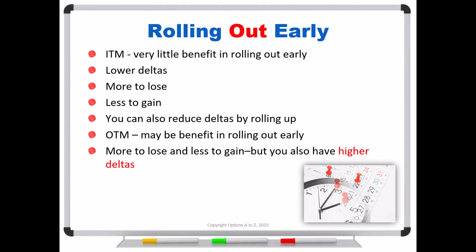Of course, that means you have to be pretty confident that that stock is going to continue to rise. So I hope that helps you with your decisions about rolling out or rolling out early. And if nothing else, I hope it gives you a little more insight why options can be very tricky. There's almost always an exception, and I hope this helps to point out some of those exceptions.